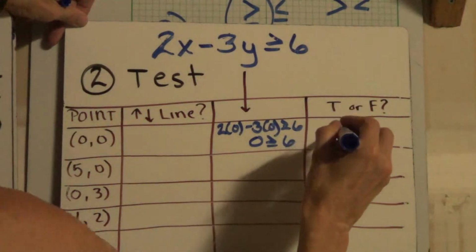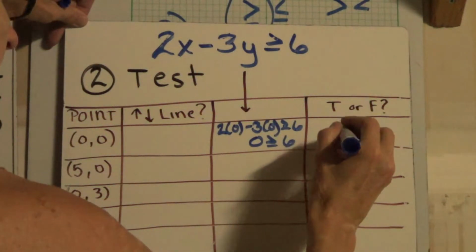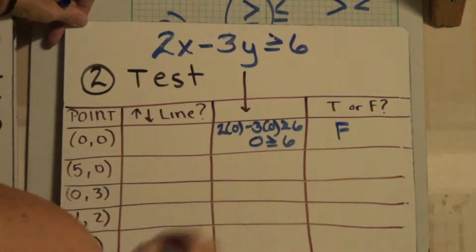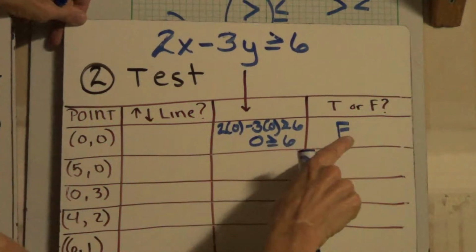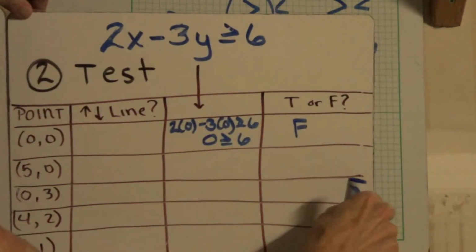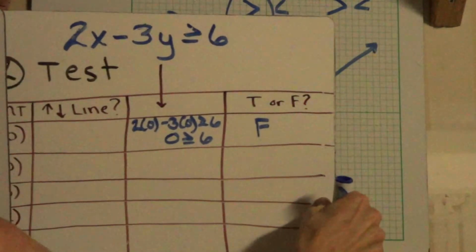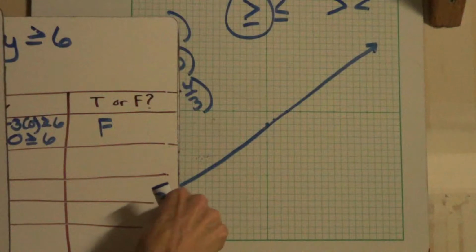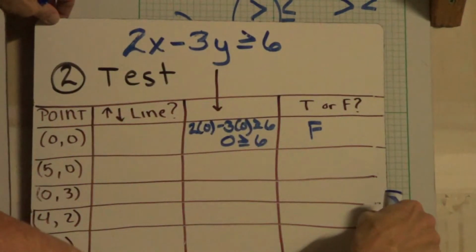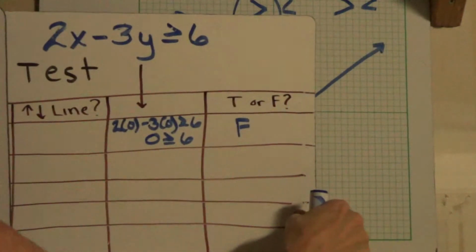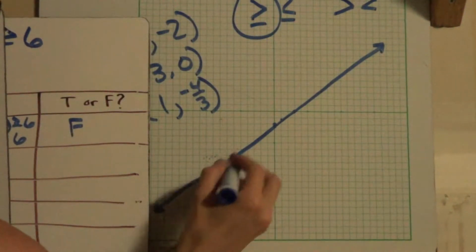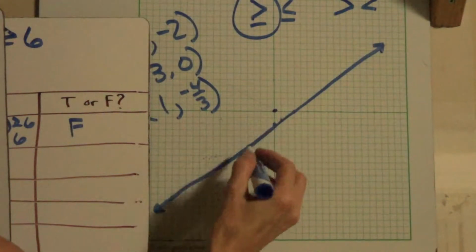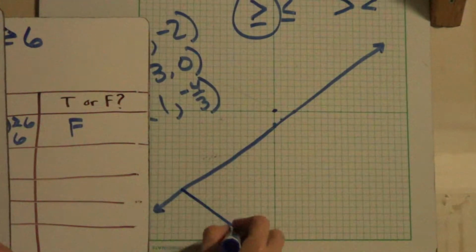If you say no, then you're correct, it's false. And so 0, because it's false, should not be shaded. So this being 0, 0, we should not shade it.